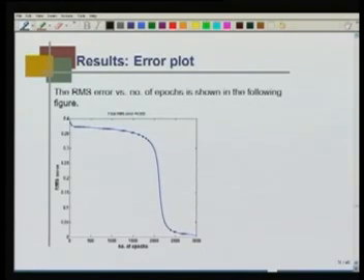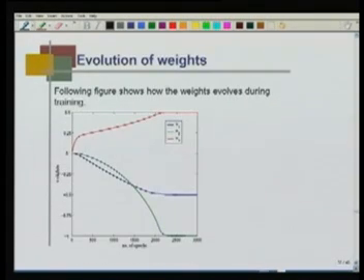The RMS error over number of epochs, you can see how the RMS error reduced. We ran almost 3000 epochs, and the weights, this is our W3, this is our W1 and this is our W2.